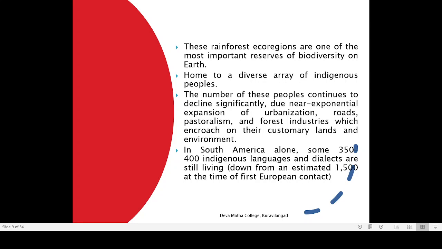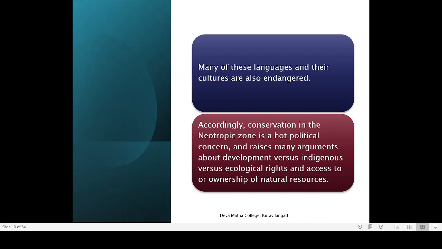They are the main languages of South America, and dialects are 1,500. When the Europeans invaded South America, there were 1,500 different types of languages. Now only 350 to 450 languages exist. That means you can understand from that how much they have changed the landscape and the culture of South America.